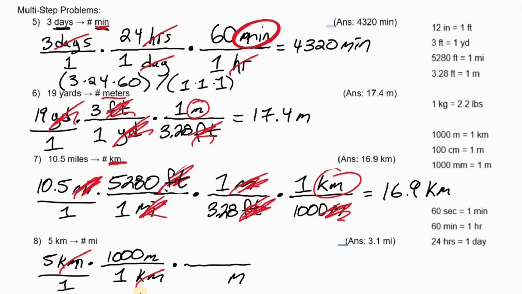Now, coming through here, let's look at this. We have meters over here, meters, meters. Once again, we're not going to be using this one because we just used that. Now, this is where you really have to think about this. If we want to go from meters to miles, do we want to go from meters to centimeters, meters to millimeters, or meters to feet?